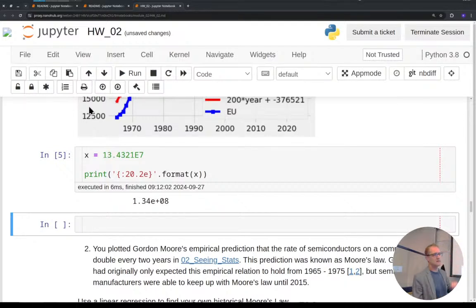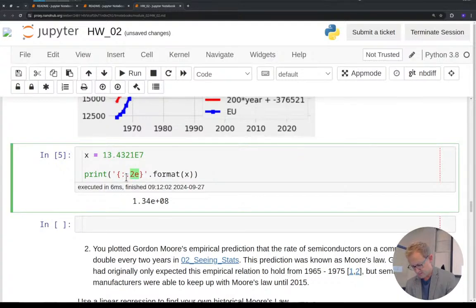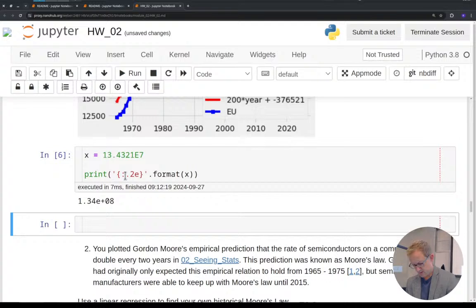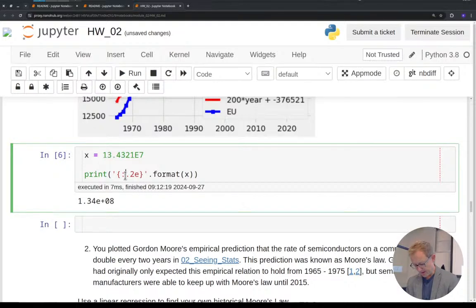So if you put nothing there, would it still work? If you just put 0.2e, then it just takes up as much as it needs. Usually you put something there, like a 1 or a 2.